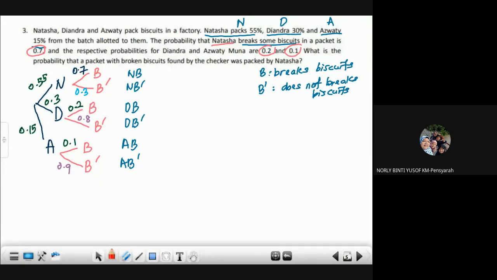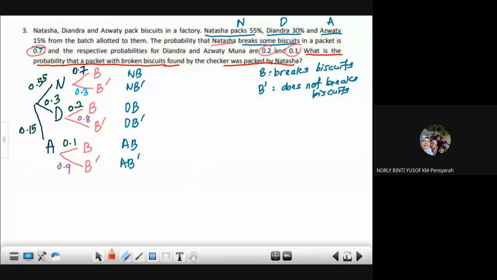So bila kita baca soalan, what is the probability that a packet with broken biscuit found by the checker was packed by Natasha? So ada 2 event untuk conditional probability lah. So you nak cari probability Natasha, tapi found by the checker tu adalah yang dah berlaku dulu adalah biskut tu dah break.